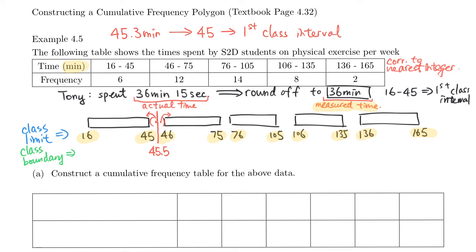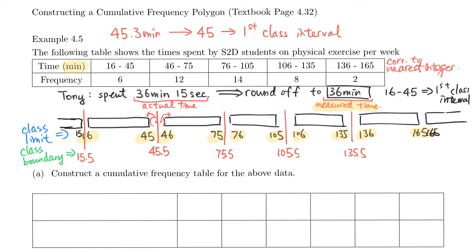So we can draw all these lines here. This is the line that separates these two groups. 105.5, 135.5. Imagine you have a group before it, that will be 15, right? So this line is 15.5. And then imagine there is a group after, that is 166, right?